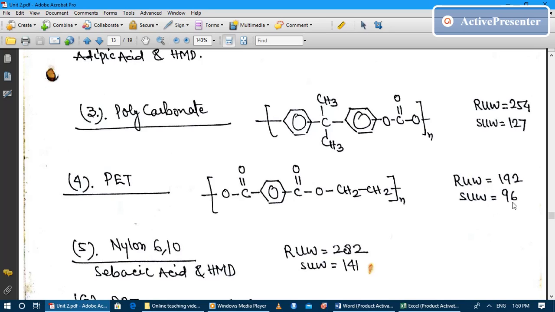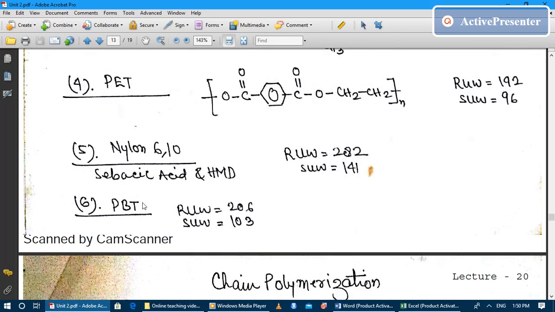So the structural unit weight 96 is half of the repeating unit weight 192. Similarly, nylon 6,10 is polymerized with sebacic acid and hexamethylene diamine. So this is AA and BB type of monomer. In this case also the structural unit weight 141 is half of the repeating unit weight 282.